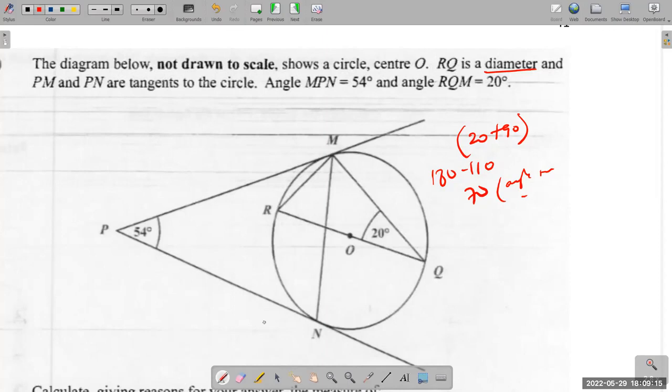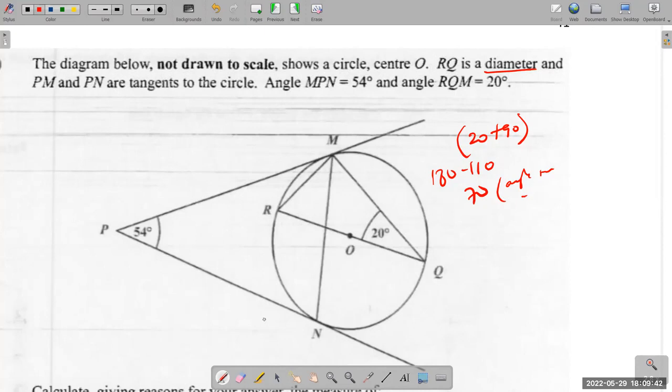Angle M and angle Q? What do you agree with? Talk to me, because I'm not telling you the answer. This is a hard one. You have to think. M and R. Let me look.